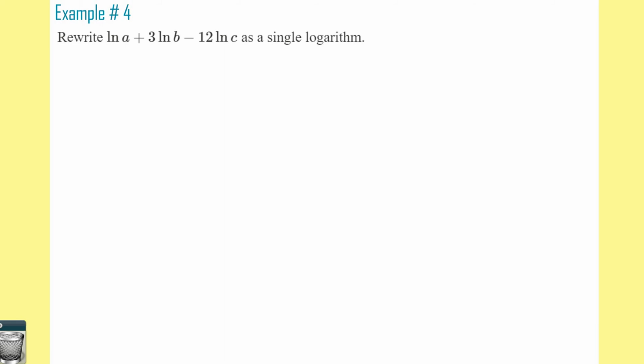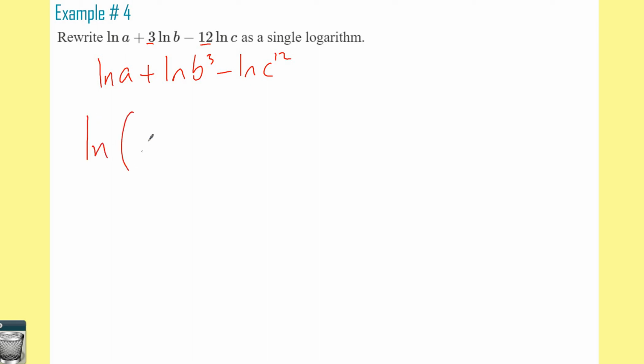So this one, we're going to rewrite it as a single logarithm. First things first, I can't really combine anything because I've got numbers out front, so I'm going to rewrite those. The natural log of a plus the natural log of b cubed minus the natural log of c to the 12th. And then we just do exactly what they say.